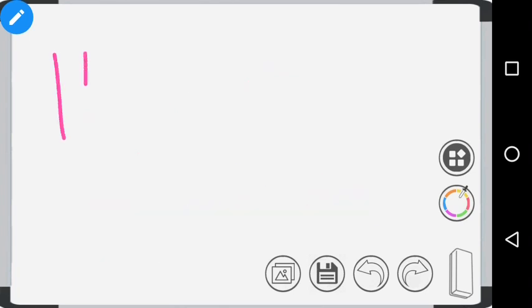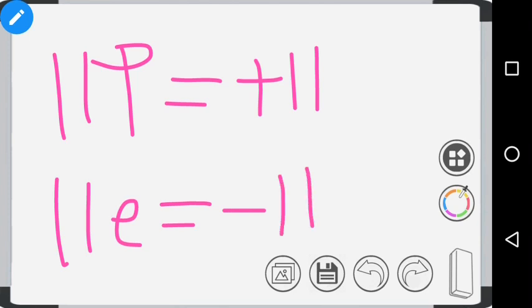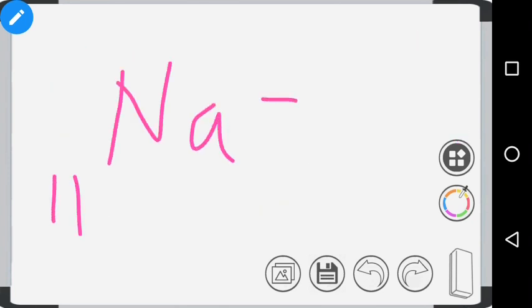So if there are 11 protons and 11 electrons, what will happen? Here we have +11, here we have -11. When we add these two, we get 0. So this is the charge of an atom. In Na, we have 11 protons and 11 electrons.